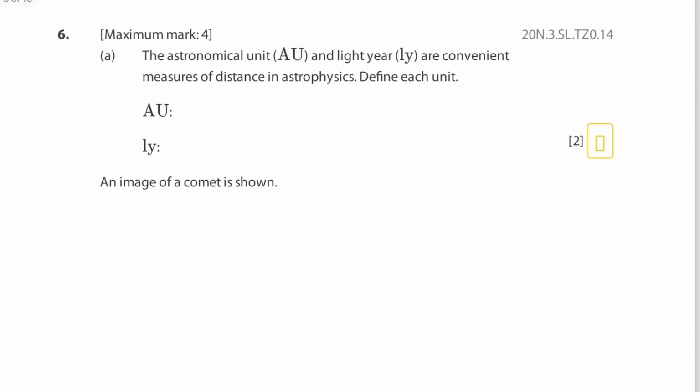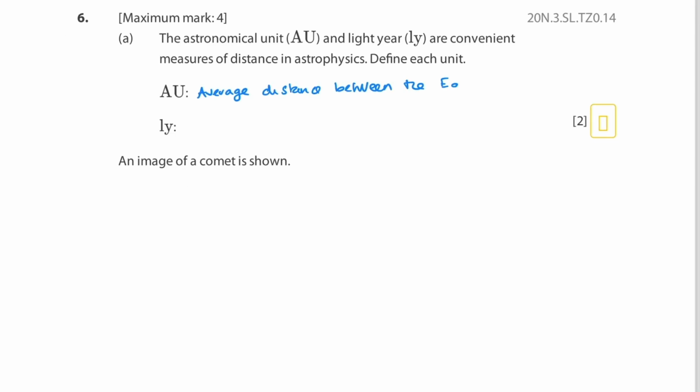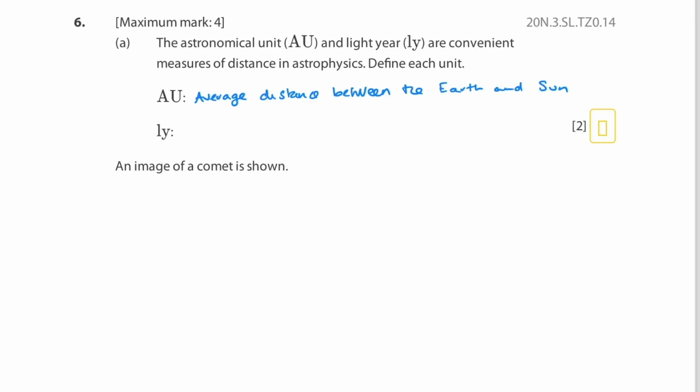6. The astronomical unit AU and light year LY are convenient measures of distance in astrophysics. Define each unit. AU is the average, and I'll tell you why the word average is important here in a second. It's the average distance between Earth and Sun. Why do we say average?